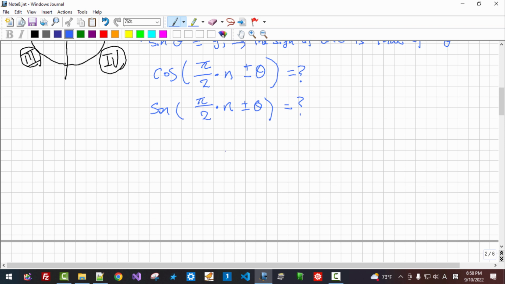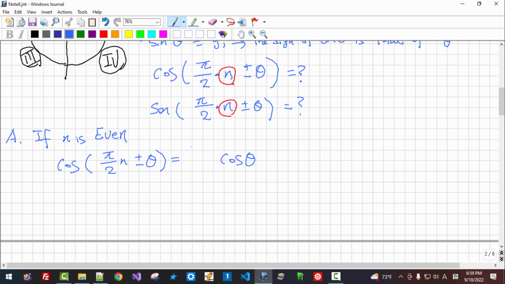We classify n as even or odd. A. If n is even, cosine of pi over 2 n plus or minus theta equals cosine theta.